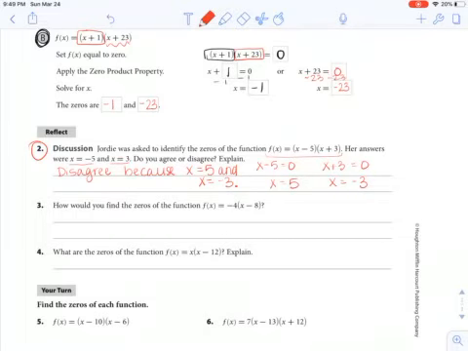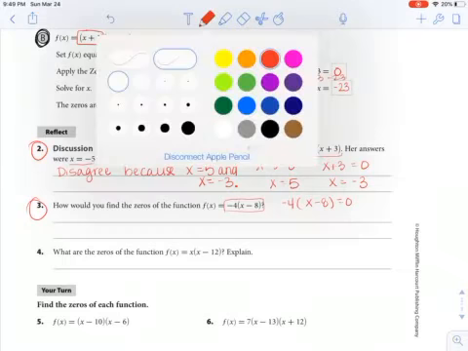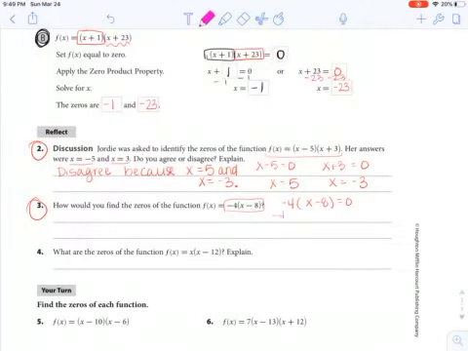Okay? For number 3, how would you find the zeros of the function negative 4 times the quantity of x minus 8? Well, again, we're just taking each part and setting it equal to 0. So we have negative 4 times the quantity of x minus 8 equals 0. If we break that apart, we have negative 4 equals 0 and x minus 8 equals 0.